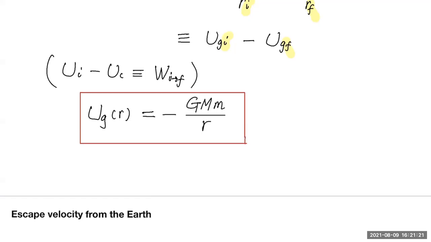Now, by the way, this is not the only possible expression for the gravitational potential energy. You can add a constant to it. That shouldn't be a problem. You can always add a constant to any potential energy, as long as it's the same constant for initial and final, they're going to cancel out. Now, how does that compare with something we already know, which is mgh?